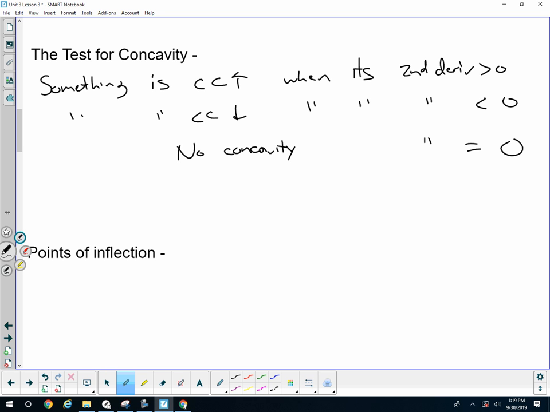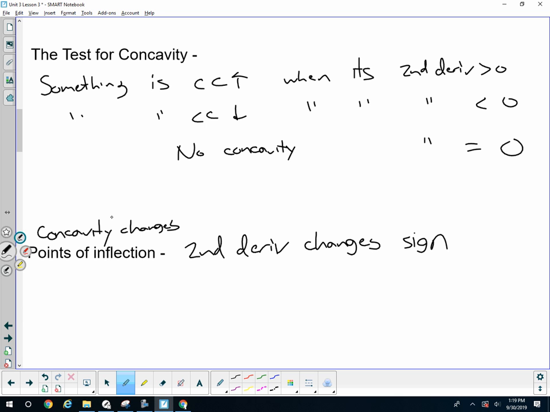Points of inflection for f are when the second derivative changes sign, when the concavity changes for a function. That's when the second derivative will change sign. So if I said f, when does f have a point of inflection?